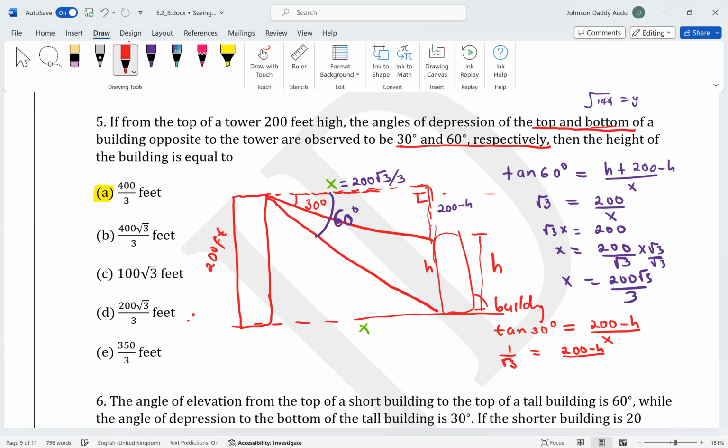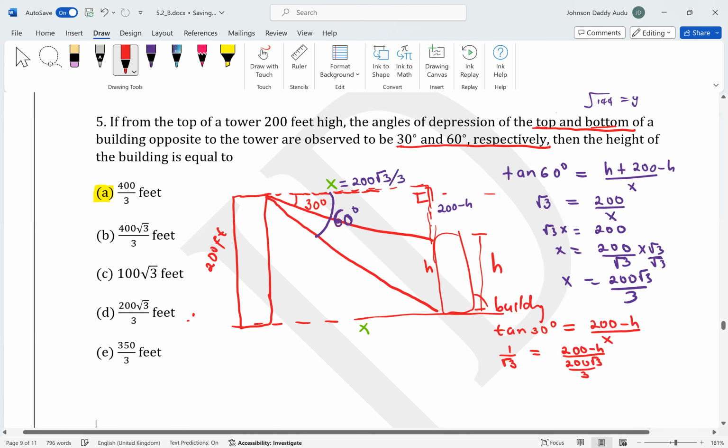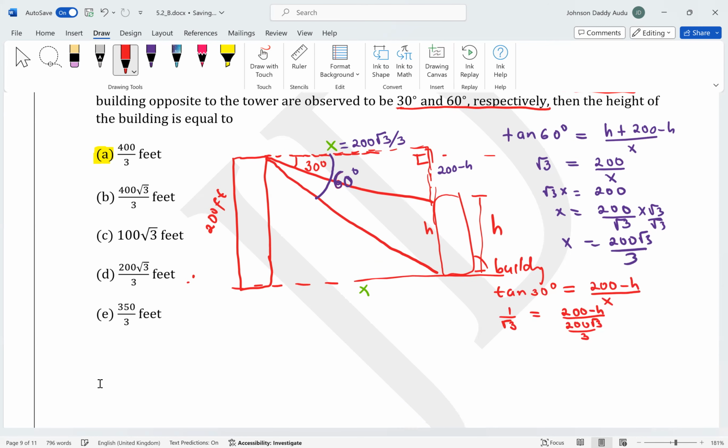The whole of x we know, which is 200 root 3 over 3. So from here we can try to find H, because once we get H, then we are fine.